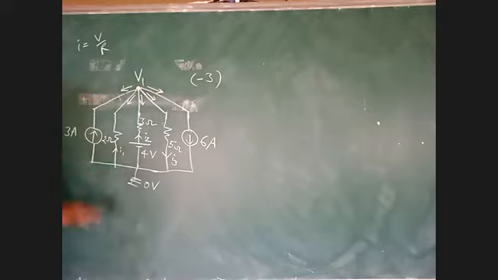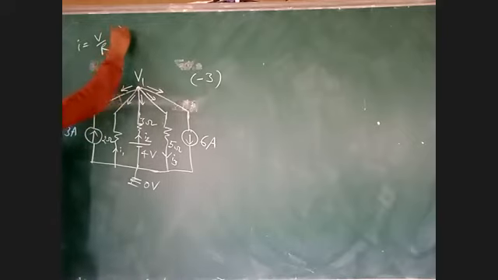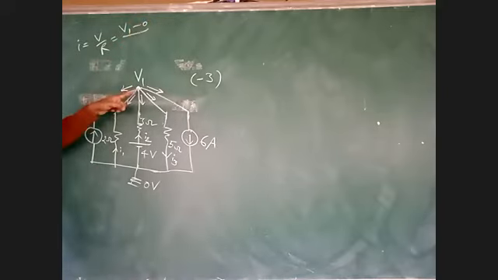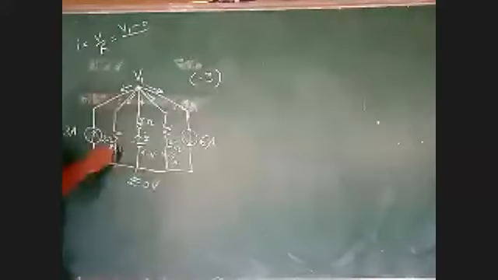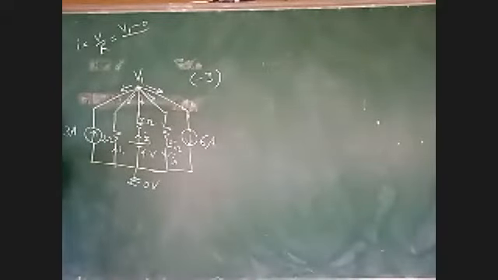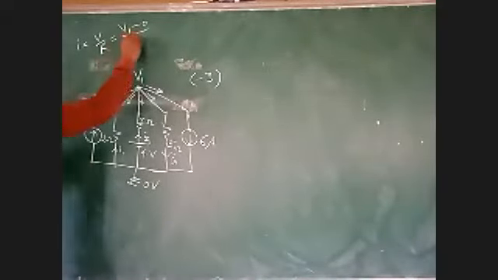This branch is over now. Now come to this one. I is equal to V by R. What is the voltage here? V1 minus 0. Our assumption is V1 is at higher potential and 0 is at lower potential. V1 minus 0 by, what is the resistance in this branch? 2 ohms.